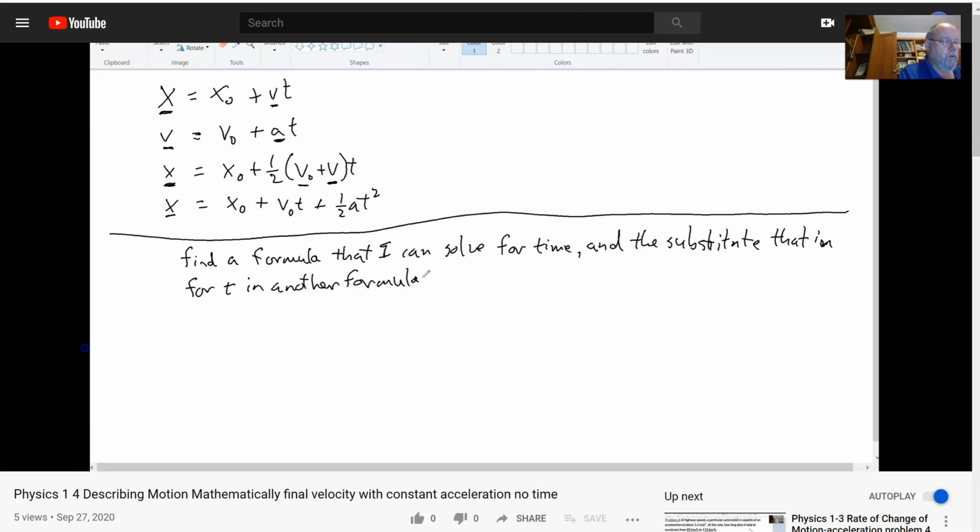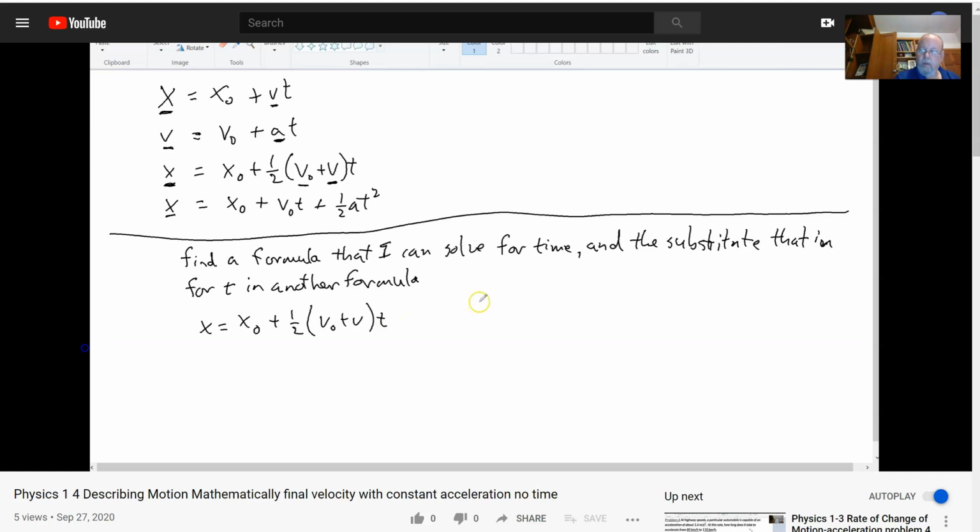Okay, and we'll use the same formula we used for the last one to substitute into. Last time we used x equals x0 plus 1/2 v0 plus v times time. And last time we substituted in for v, right? We didn't have final velocity, so we substituted something else in for that. This time we're going to substitute something in for t. And we're going to use the same formula we used last time, except we're going to isolate t instead of v.